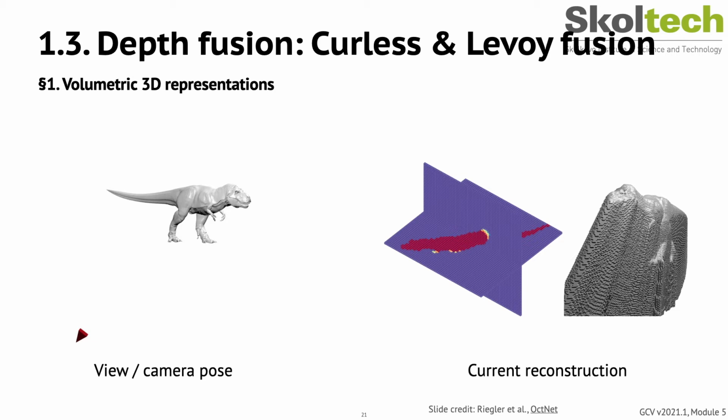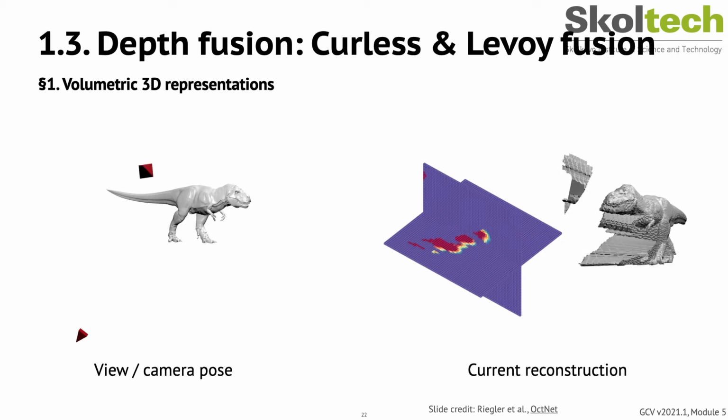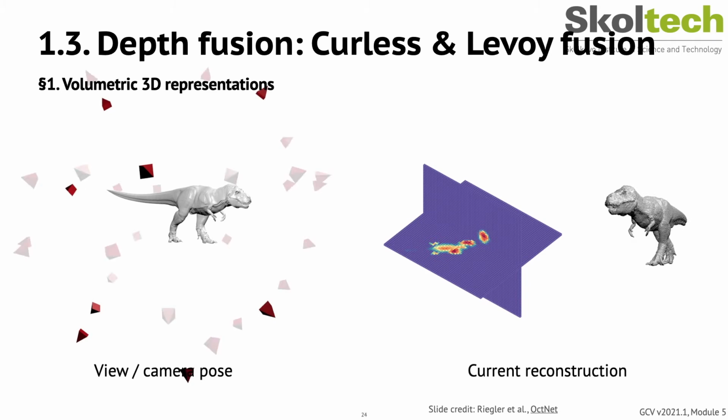As we are obtaining more and more views, we will be gradually reducing uncertainty in the depth map. In this case, only a few depth views are sufficient to build the entire model of the dinosaur, and you can see also the cross section becomes pretty accurate over time.